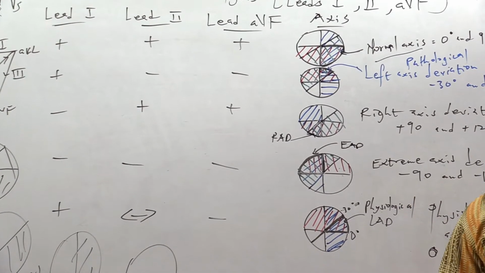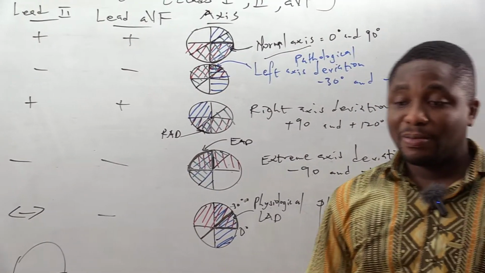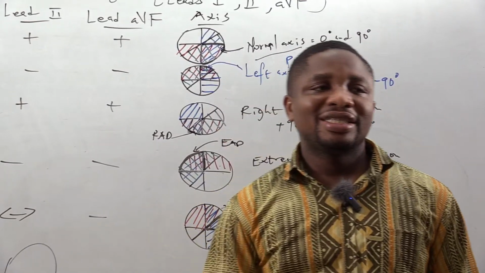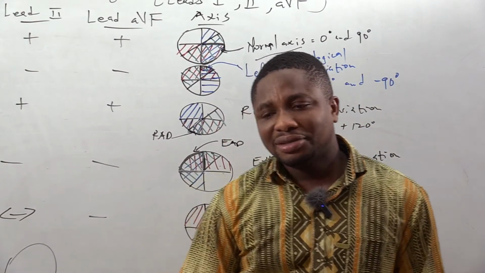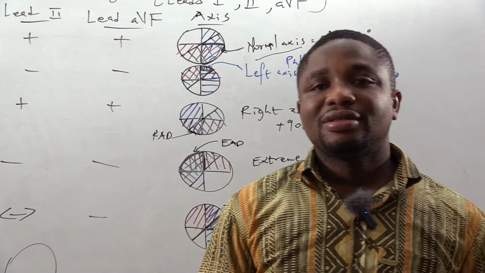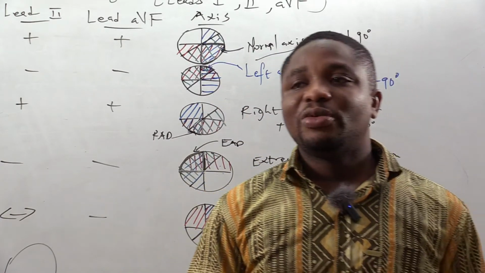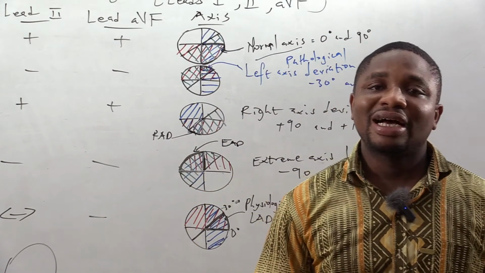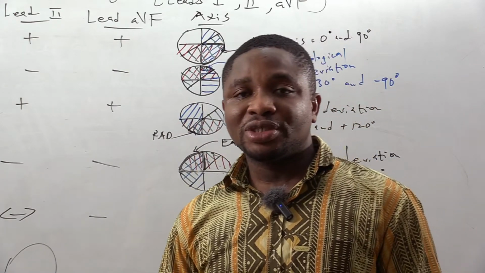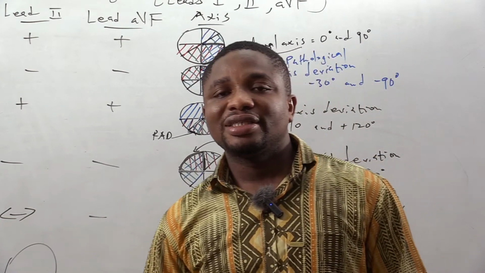And if you have the angle of deviation, that is the cardiac axis, falling between 0 degrees and minus 30, standardly, it is regarded as what? A normal axis, or normal cardiac axis. But again, we can also describe that perfectly as a physiological left axis deviation. It is physiological. I believe we made a lot of sense out of that.